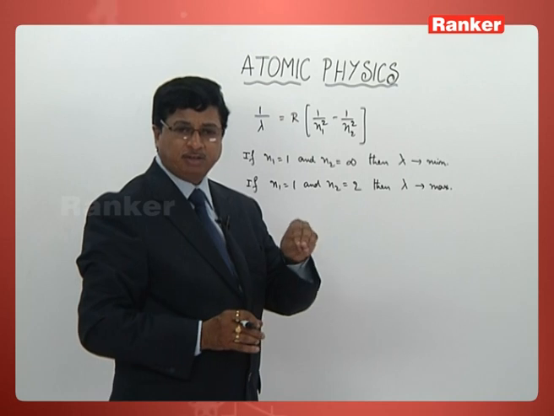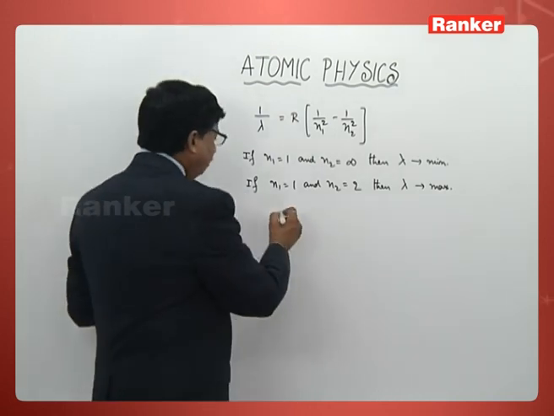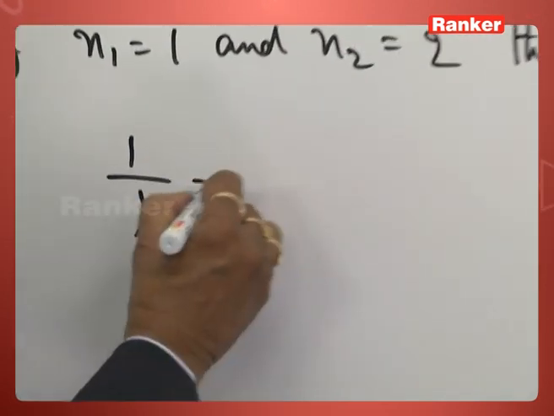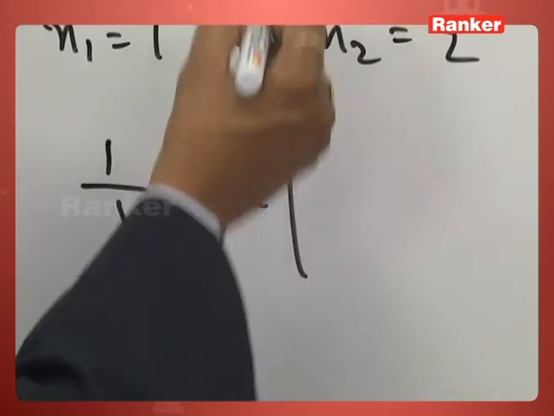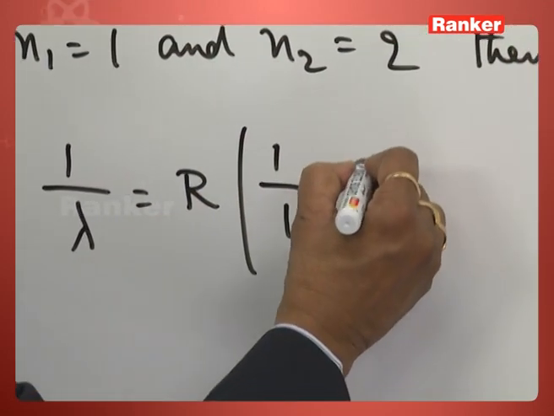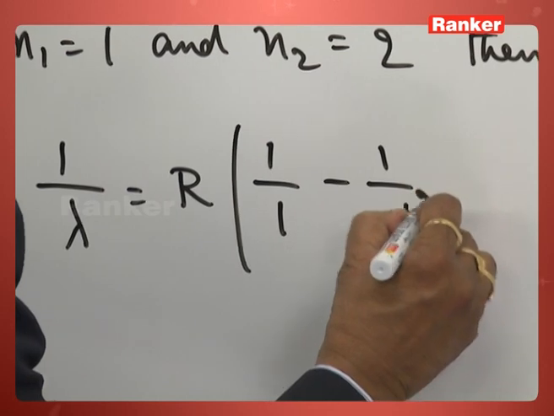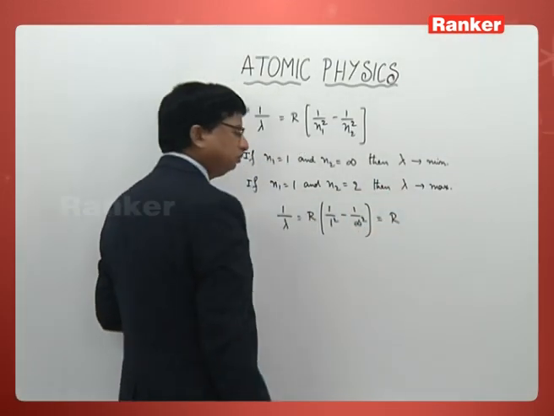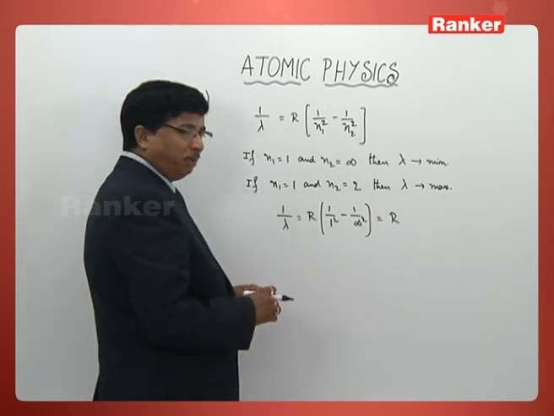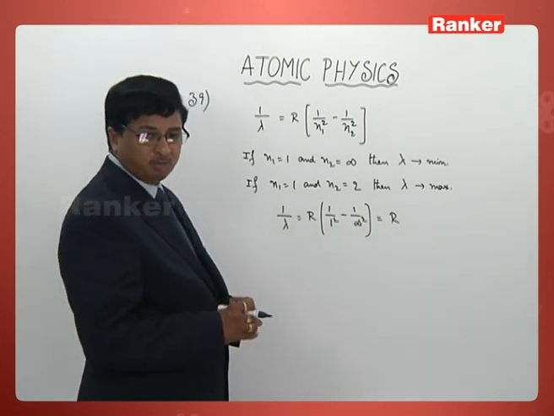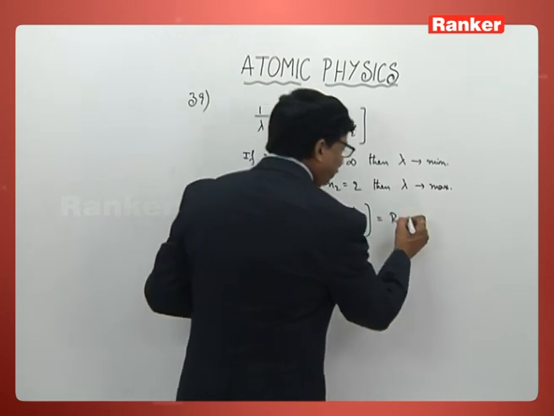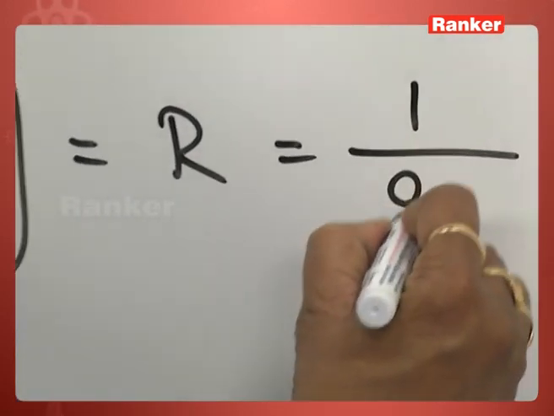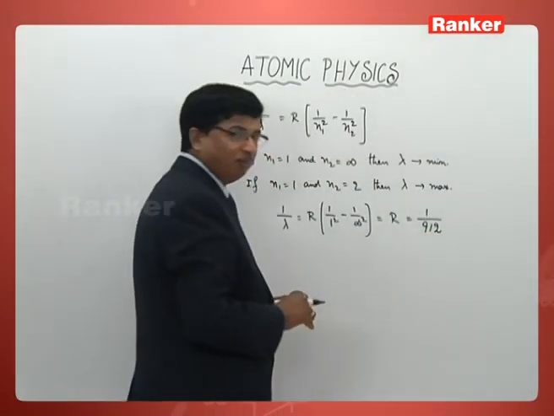So take the very first one first. 1 by lambda is equal to R times 1 by 1 square minus 1 by infinity square. It is nothing other than R. But probably you must be knowing it very well, the R value is nearly 1 by 912.